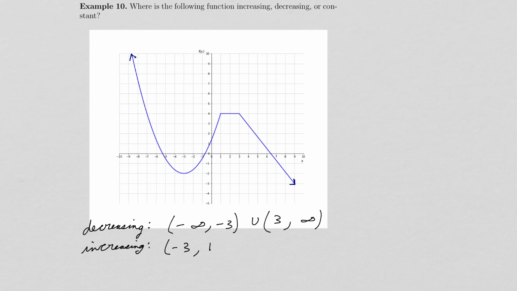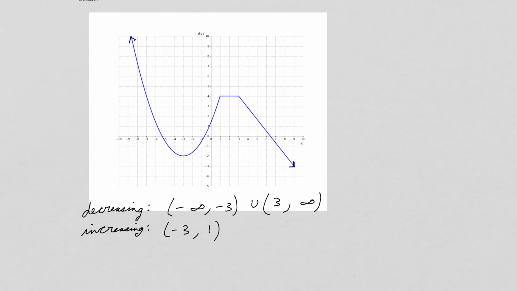So negative 3 to 1. And then where's the function constant? Well, in this case, it's constant over this interval right here, from 1 to 3. Again, don't include the endpoints.